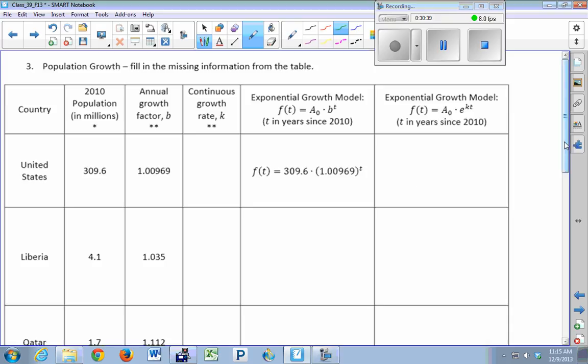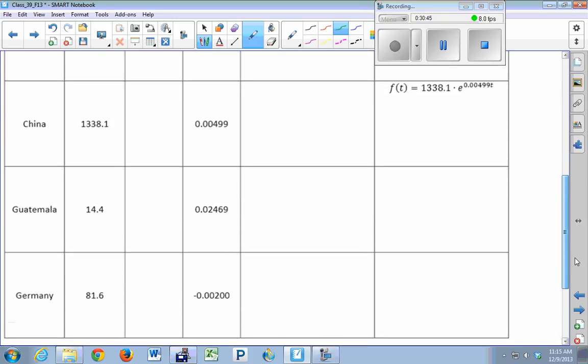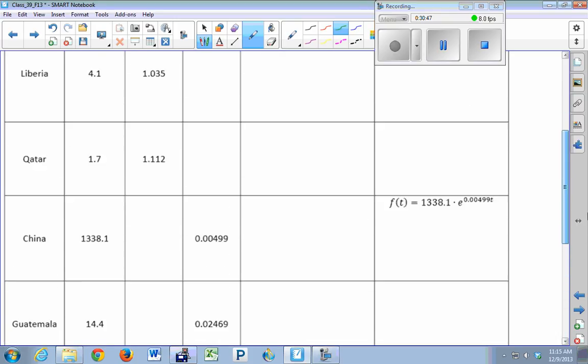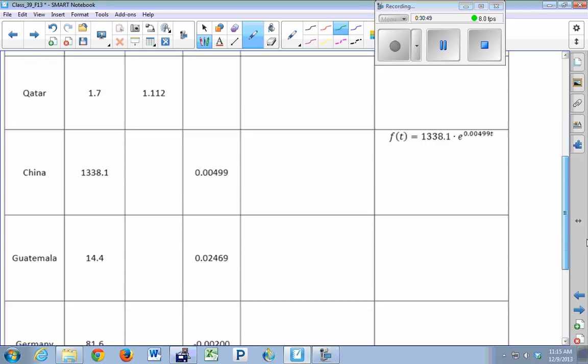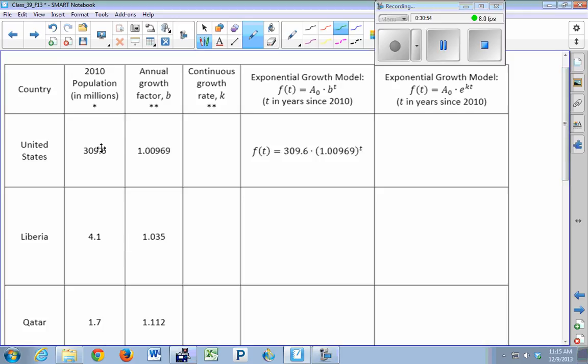So your book gives you a bunch of countries with their population, and Caitlin did a little research and actually selected these 1, 2, 3, 4, 5, 6 countries with the population in the year 2010. And then depending on which model we pick, it's either going to give you the annual growth rate, that's what B is, the annual growth rate or the annual growth decline, or the continuous growth rate. And you have the flexibility now to go from one model to the other.